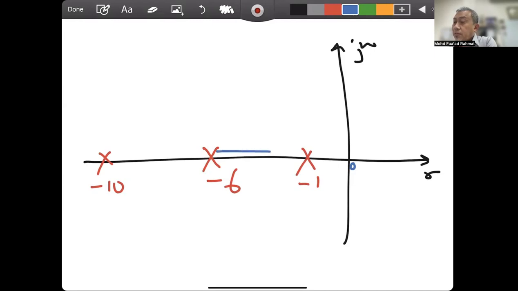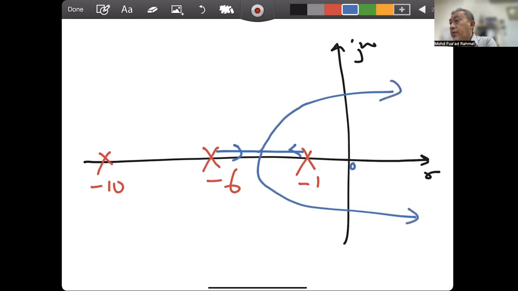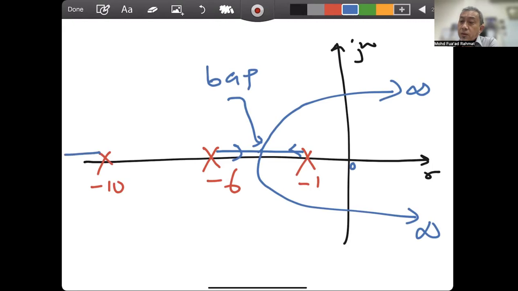By the concept, root locus starts from poles and ends at zeros or infinity. Since there are no zeros, we suspect that there is one breakaway point. So this one ends at infinity, and this one is a breakaway point. Between -6 and -10 there is no root locus path, but from -10 towards infinity there is one root locus path ending at infinity as well.